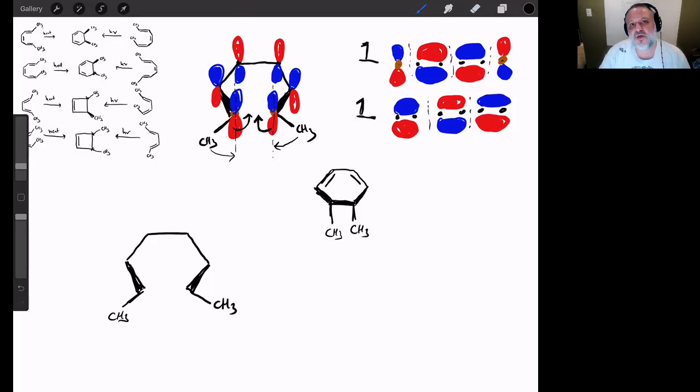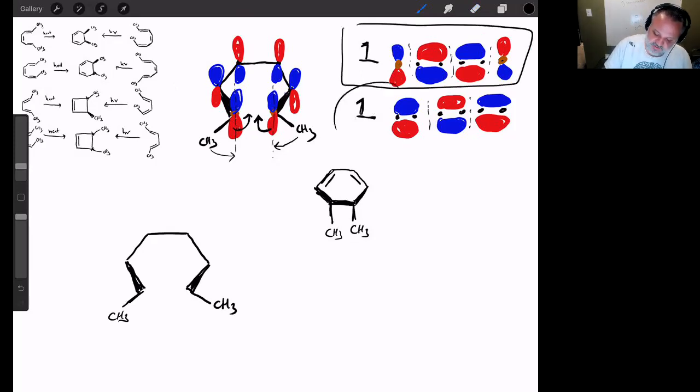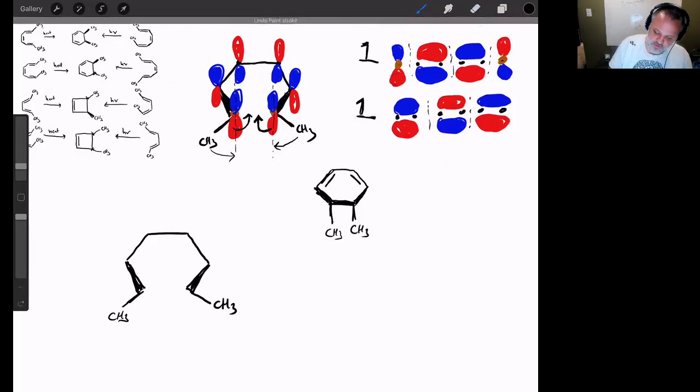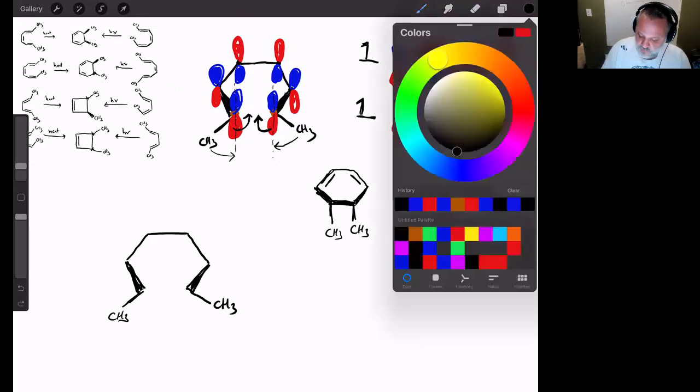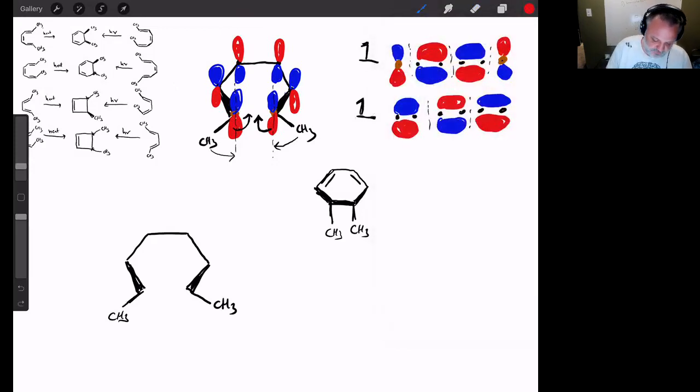So now the highest occupied molecular orbital, the one that's doing chemistry, is going to be this orbital instead of that orbital. So since I'm using the topmost orbital as the highest occupied molecular orbital, I then want to change the way that I'm drawing the phasing of the orbitals.